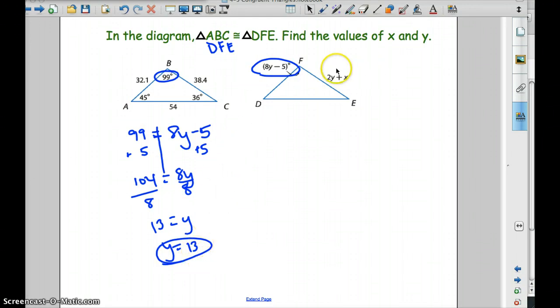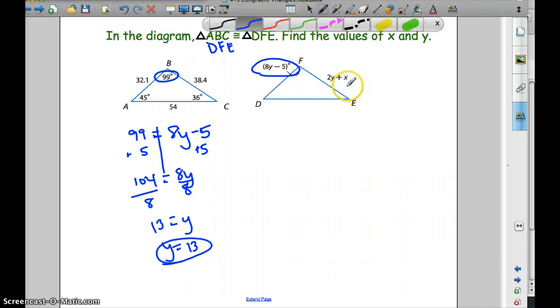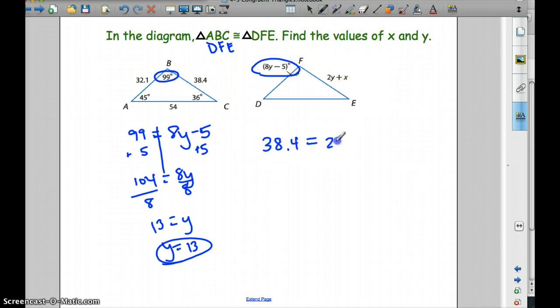Now we need to figure out what x is over here. So again, we know BC is going to be congruent to FE. So BC is 38.4. And then we have FE, which is 2y.